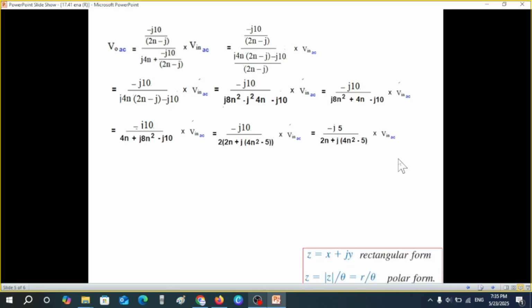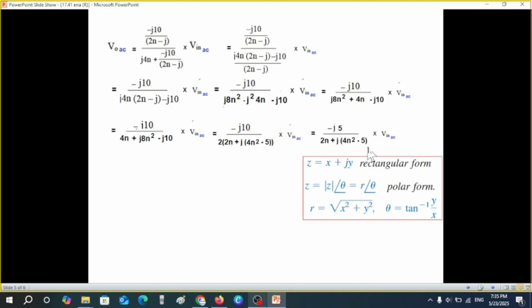And now we should put in, okay, from here, first of all, let's see, the denominator is in this complex form, and we know that to divide we have to convert it into polar form, that is the magnitude and angle. And magnitude is nothing but the square root of x squared plus y squared.